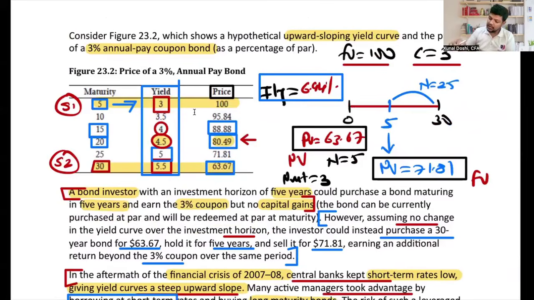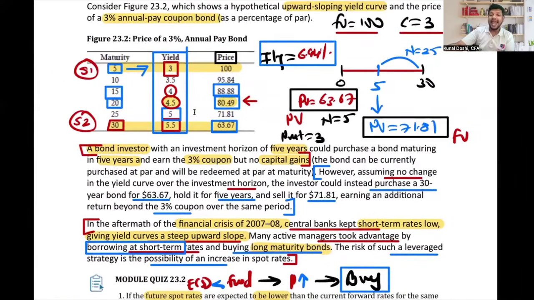So due to this, a bond investor can make much more returns by rolling down the yield curve. Rolling down the yield curve is basically buying a higher maturity bond and selling it after a specific period for which you wanted to hold the bond. And the advantage is that since the yields will go down because now it's a lower maturity bond, you will get relatively higher returns.